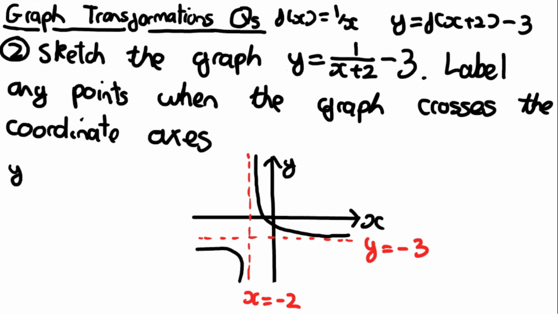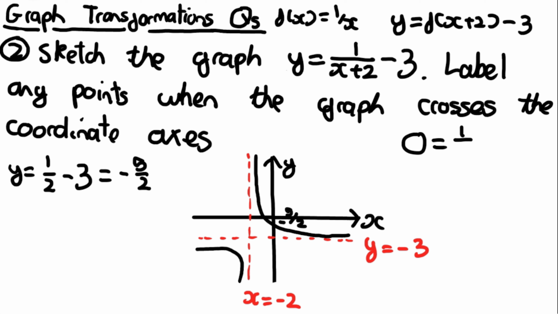So it's going to be y is equal to 1 over 2 minus 3, which is going to be equal to minus 5 over 2. So this point here is going to be minus 5 over 2, this y-intercept here. And we can find the root by making y equal to 0. So we're going to say 0 is equal to 1 over x plus 2 minus 3. So it's 3 is equal to 1 over x plus 2.